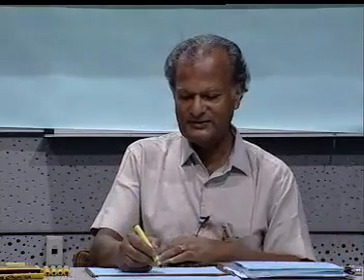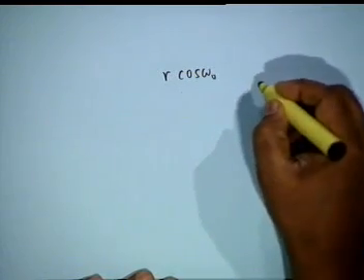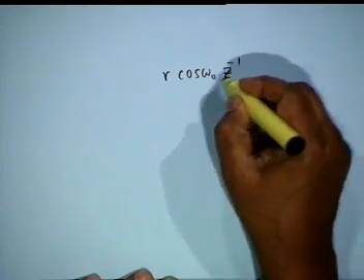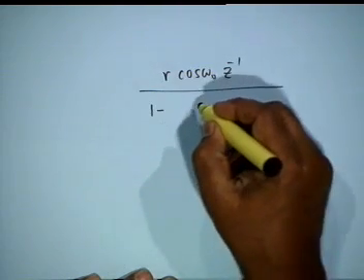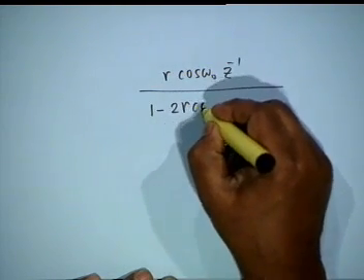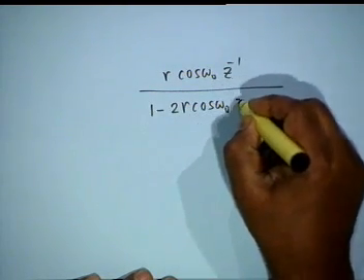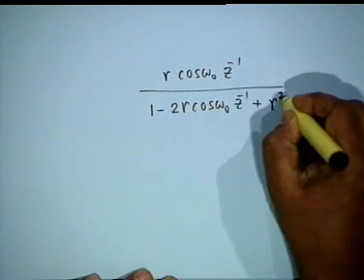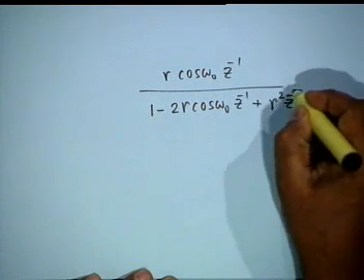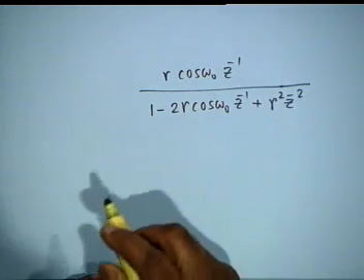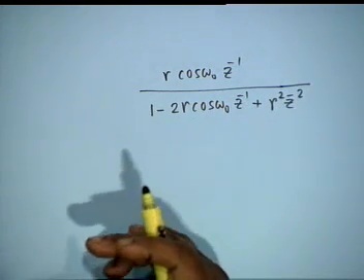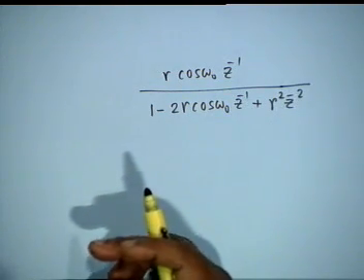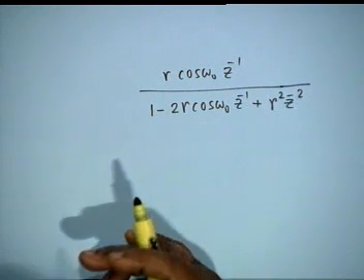The result is r cosine omega 0 z inverse divided by 1 minus twice r cosine omega 0 z inverse plus r squared z to the minus 2, for sine, cosine delta n u n e to the j n omega 0.